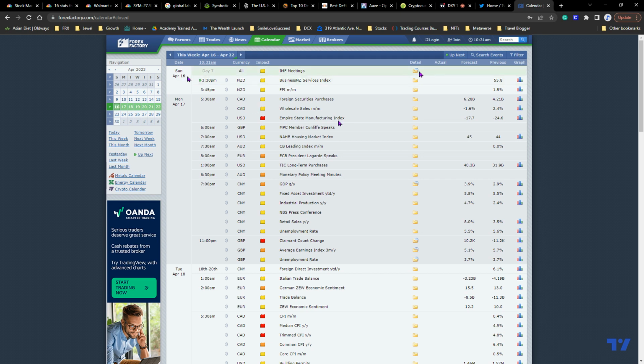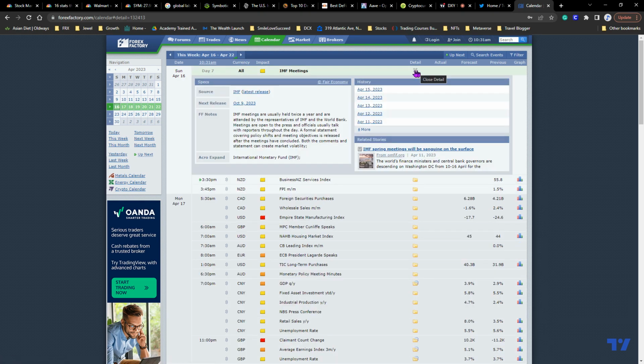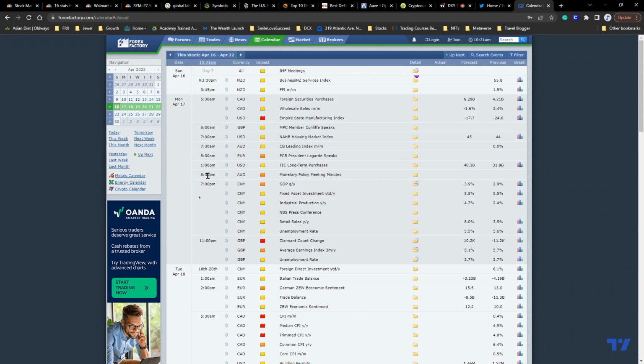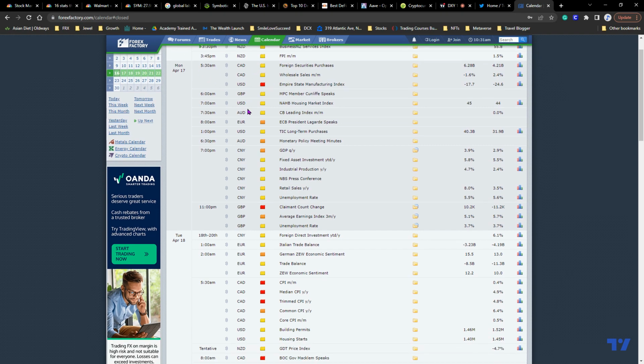All right, so we've had IMF meetings lately. This is all the yellow folder news. But I like to say that these meetings and the information that comes out of them are important because they ultimately impact everything that we do and how we use and exchange money. It's the International Monetary Fund.